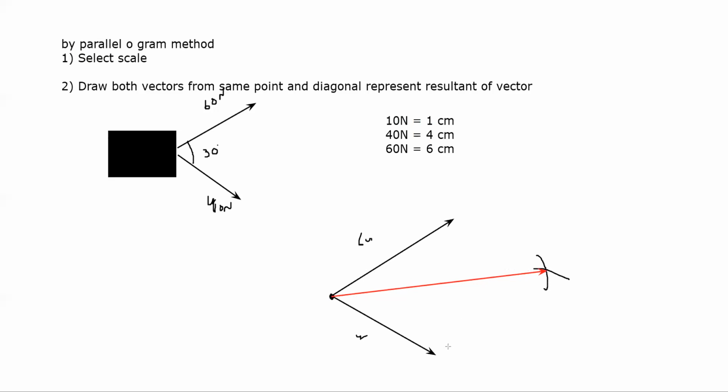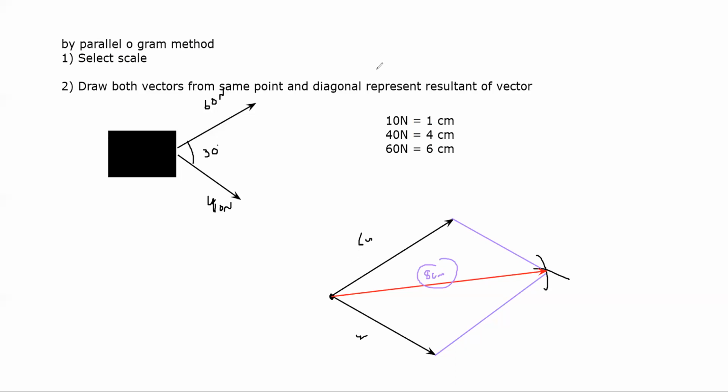Then I can complete the figure as a parallelogram. You can see why this method is called the parallelogram method: when you complete the figure, it makes a parallelogram. You measure the length of the resultant using a ruler. For example, if it comes out to 8 centimeter, then you get 8 centimeter.